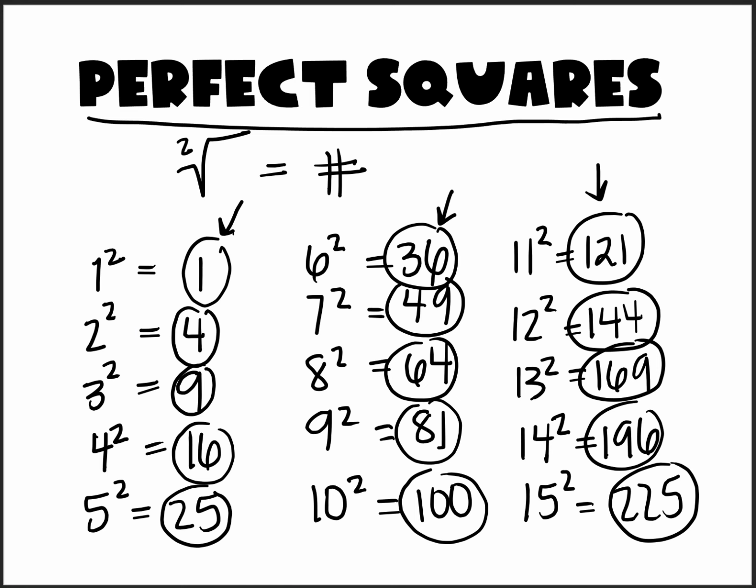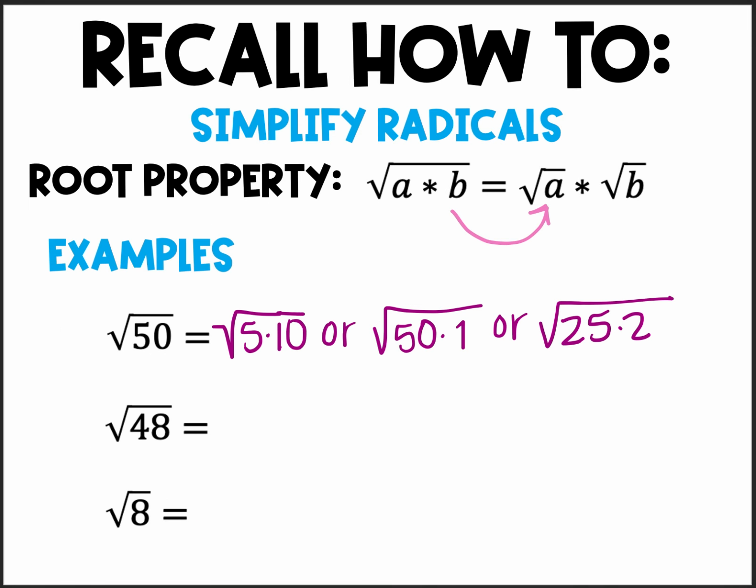Going back to our simplifying radical, we had 25 times 2. So I'm going to be using 25 to factor my 50, that way I can simplify. So the square root of 50 is the same thing as the square root of 25 times 2.